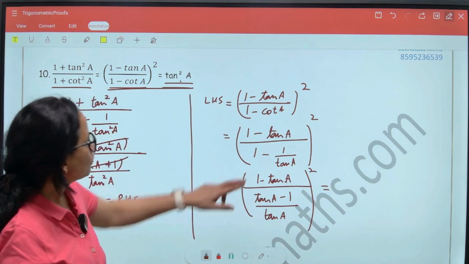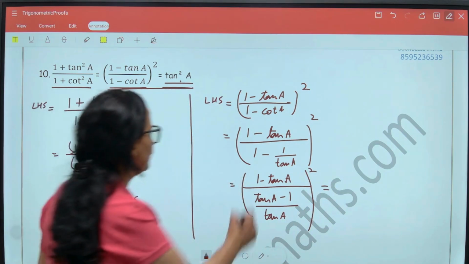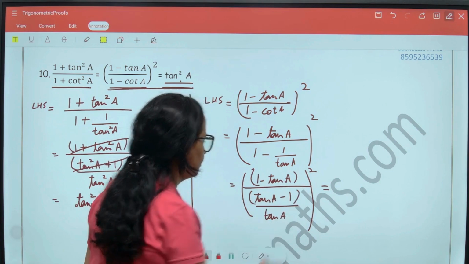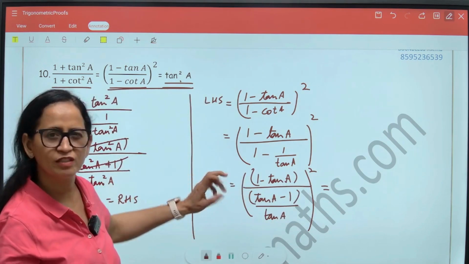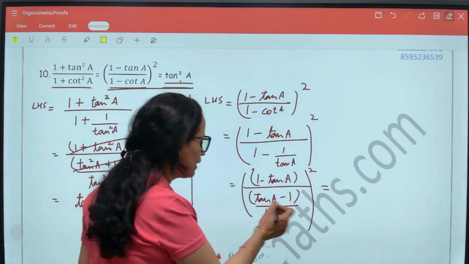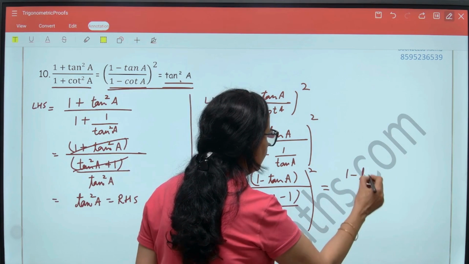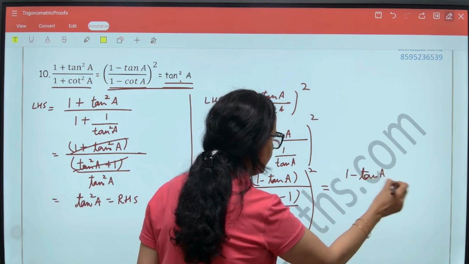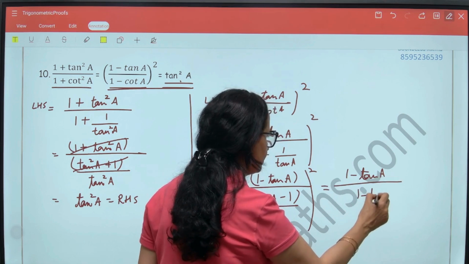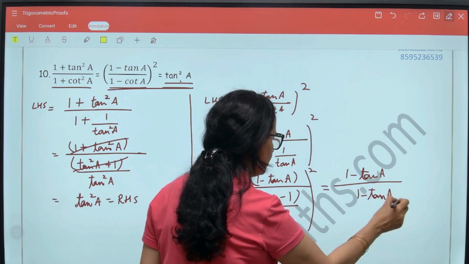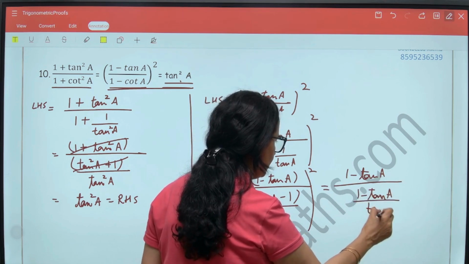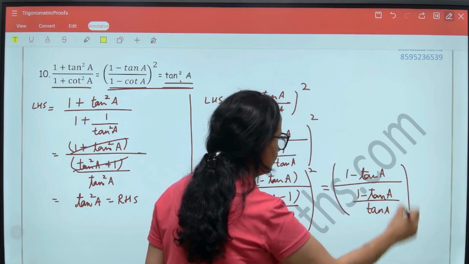Now if you compare the brackets in the numerator and denominator, there is a difference of just a minus sign. So if you take minus sign out of this denominator, I have the same thing, 1 minus tan A upon 1 minus tan A upon tan A and then whole square.